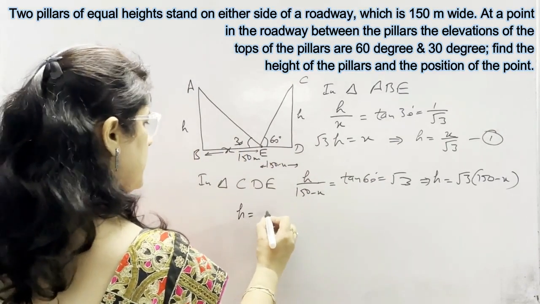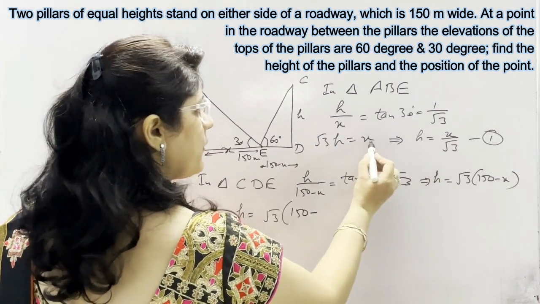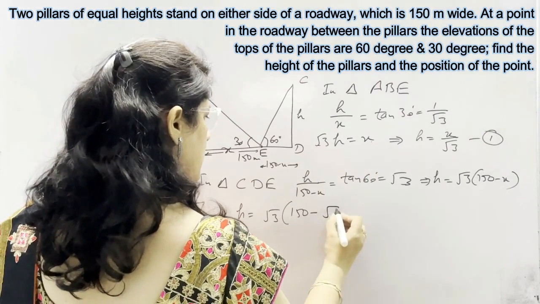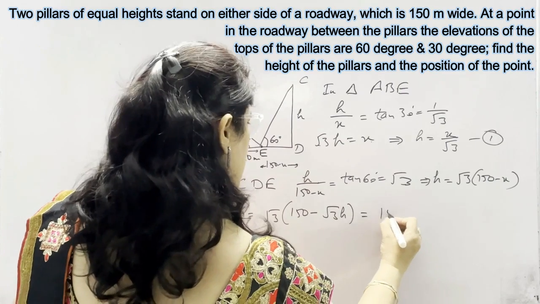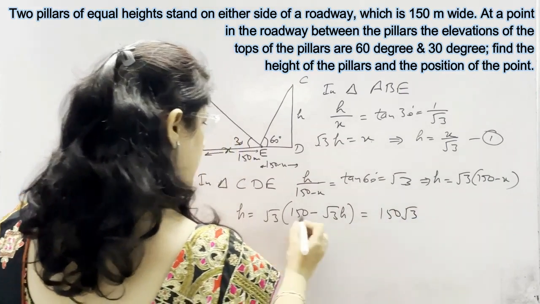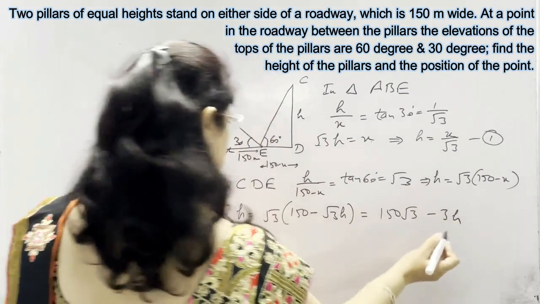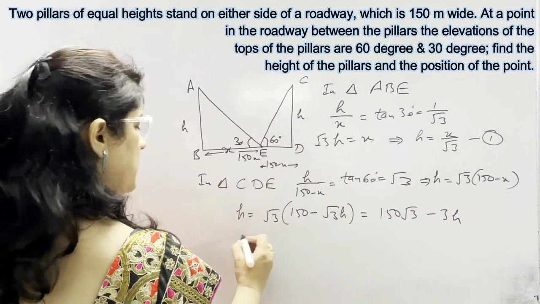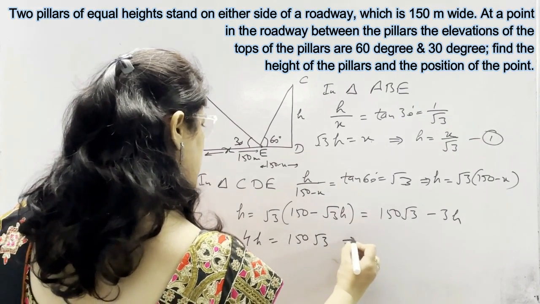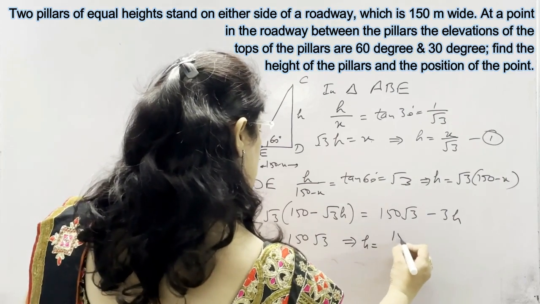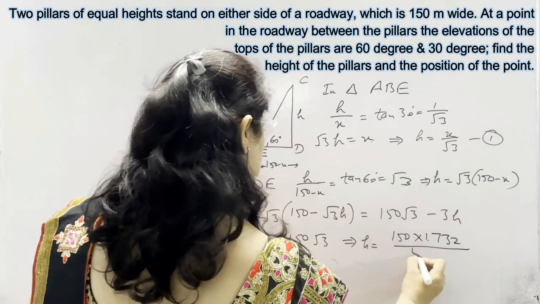So h is under root 3 into 150 minus value of x, which is under root 3 h. Now opening this bracket, 150 under root 3 minus under root 3 into under root 3, it means 3h. Now coming to this side, h plus 3h, it means 4h is equal to 150 under root 3. So value of h is 150 into 1.732 and divided by 4.